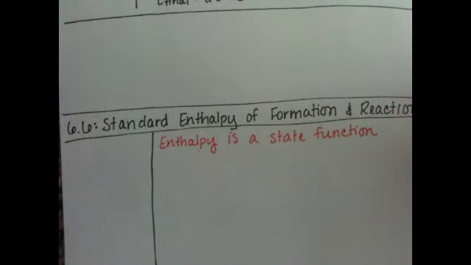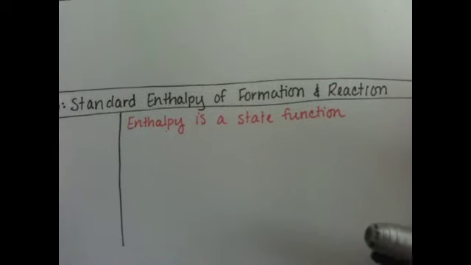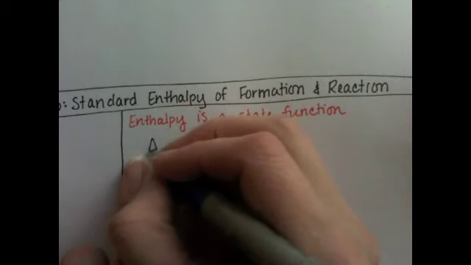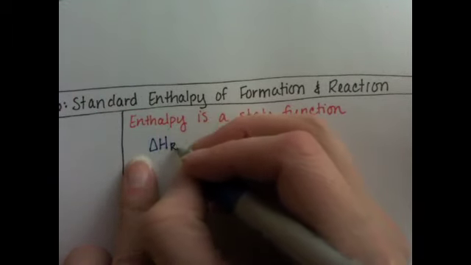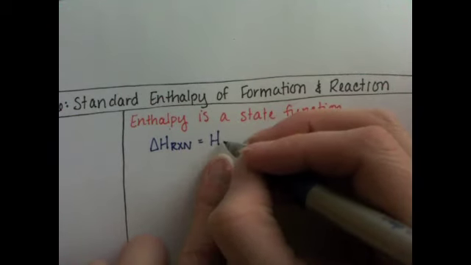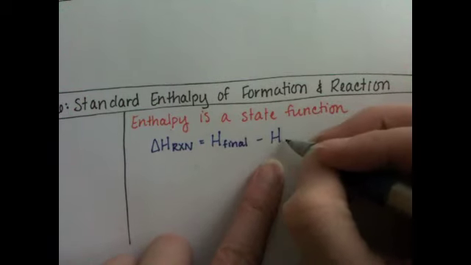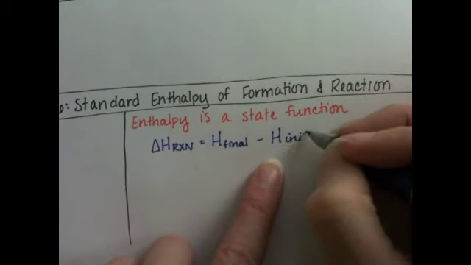Because enthalpy is a state function, we can say that the change in enthalpy for a reaction is equal to the enthalpy of the final conditions minus the enthalpy of the initial conditions.